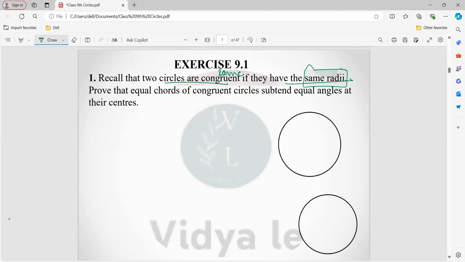Now what do we need to prove? Prove that equal chords of congruent circles subtend equal angles at the center. If we take two chords on the circles, suppose here I'm taking this chord and here I'm taking this chord, these two chords are equal in length. So let's draw the equal chords.